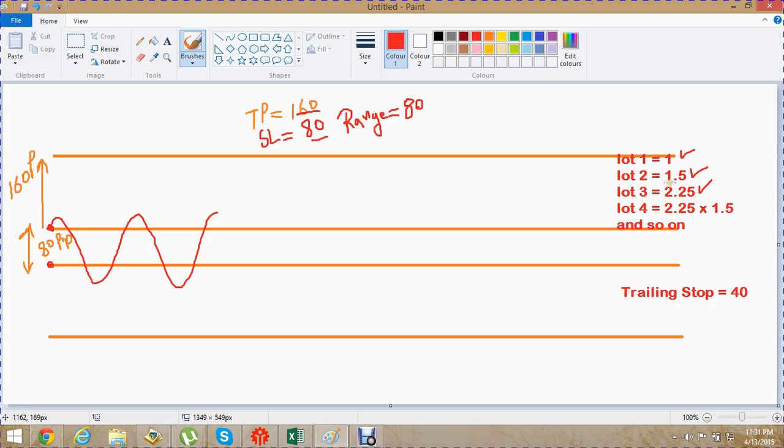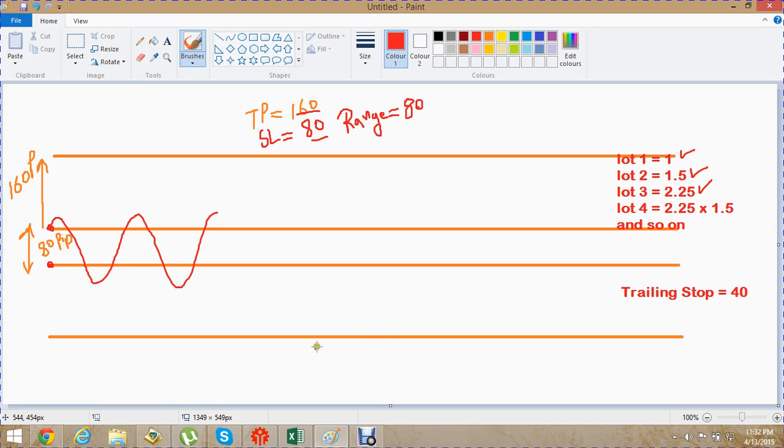Now we are using a lower lot multiplier. So with this strategy you make a profit also, but you are increasing your lot size, not very rapidly like 1, 2, 4. It is 1, 1.5, 2.25, and the next lot will be, I don't know what it will be, but it's simply 2.25 multiplied by 1.5. So this was pretty much all about this trading strategy.